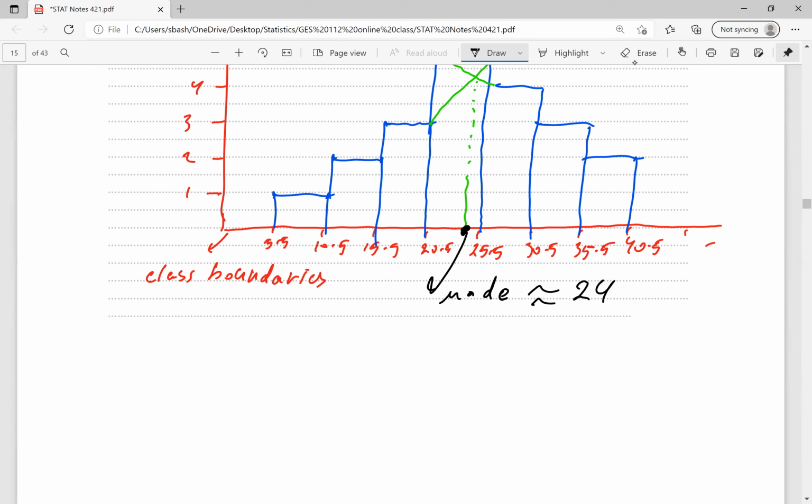Again, in this part, we found the mean of the grouped data, which is sigma of f multiplied by xm, the midpoint, divided by the total of the frequencies.